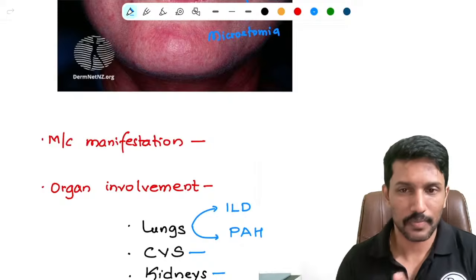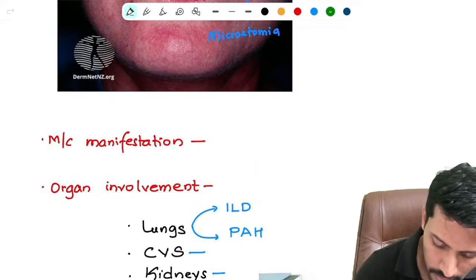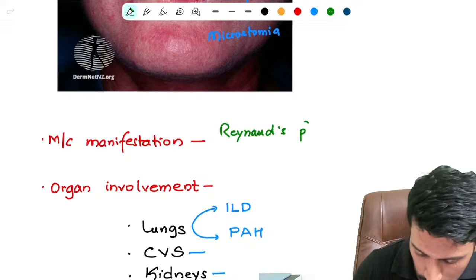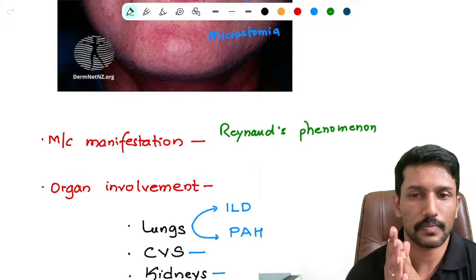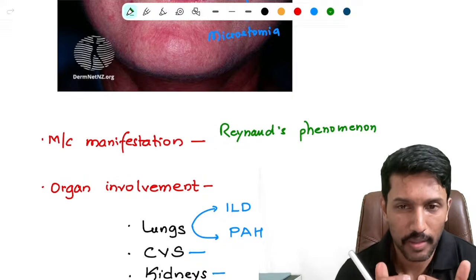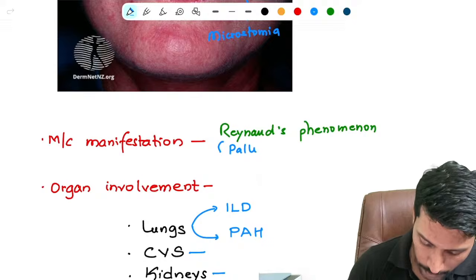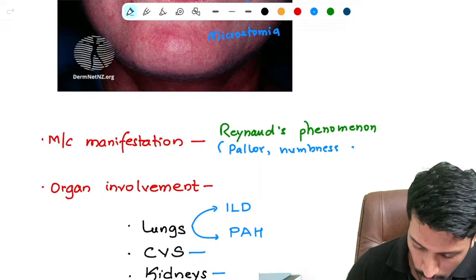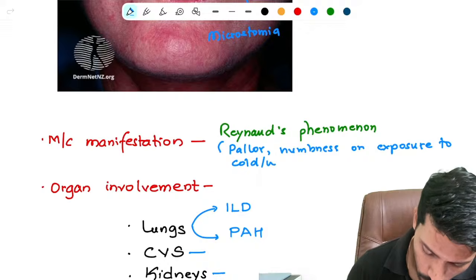So among all the clinical features that we get in scleroderma, the most common manifestation is going to be Raynaud's phenomenon. Now, what do I mean by Raynaud's phenomenon? Raynaud's phenomenon refers to patients experiencing pallor, numbness, and sometimes even pain on exposure to cold or water.